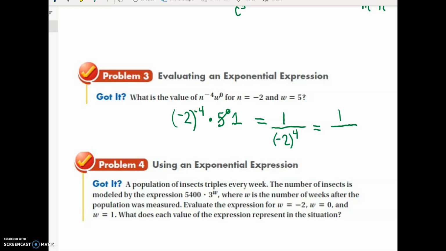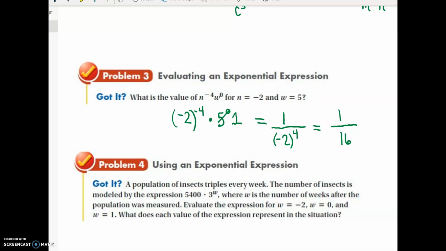When you're plugging that in on your calculator, it is helpful with negative numbers that you put it in parentheses on your calculator before you take it to the fourth power. Because sometimes the calculator will give you an answer that is the wrong sign if you don't have parentheses around that, okay? So we would end up with 1/16 for our final answer there, okay?